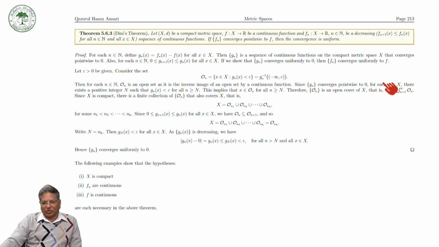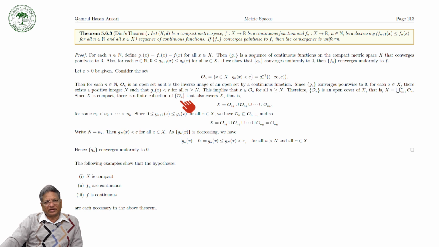That is, the whole X can be written as a union of the On. And now since X is compact, every open cover has a finite subcover.